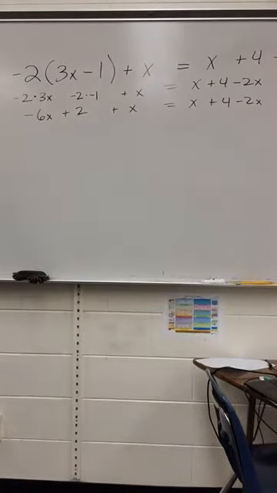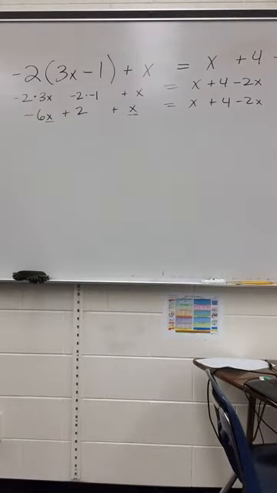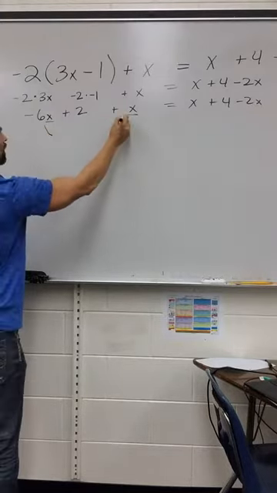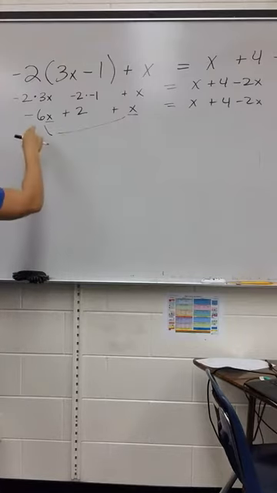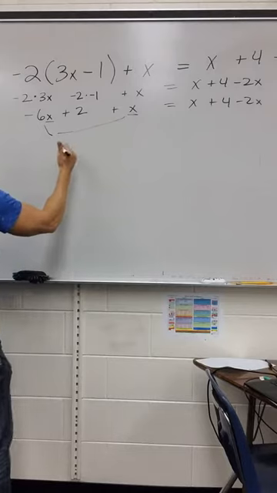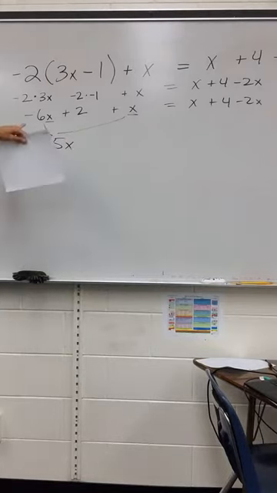So do I have like terms? Hopefully we see I have like terms. Yes, I do. That's X and X. So I can take these two terms and combine them. -6 and +1 basically is -5x. This is the same thing that we did with the -1s and the +1s.